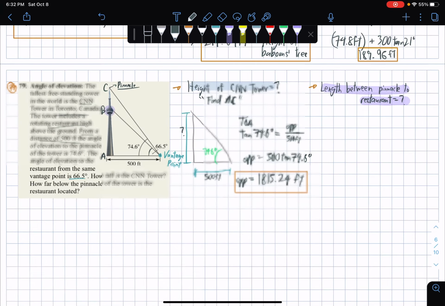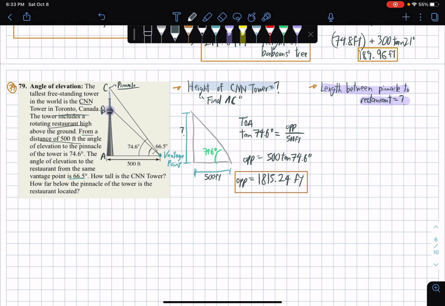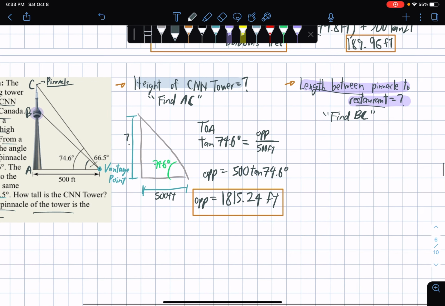Right. The second question. We have to find the length. How far below the pinnacle of the tower is the restaurant located? So the length between the pinnacle and the restaurant is missing. In other words, what we're looking for is BC, the line BC, this one. So how are we going to find BC?